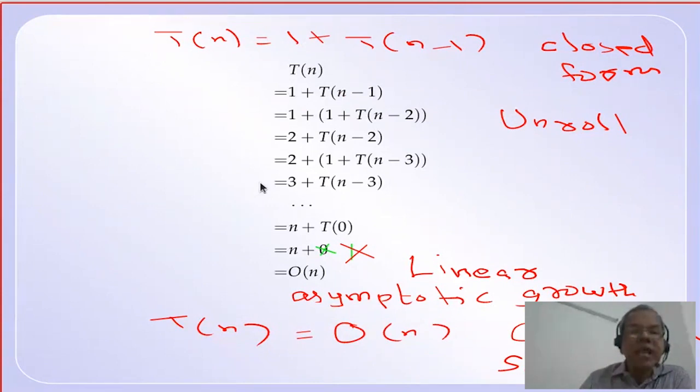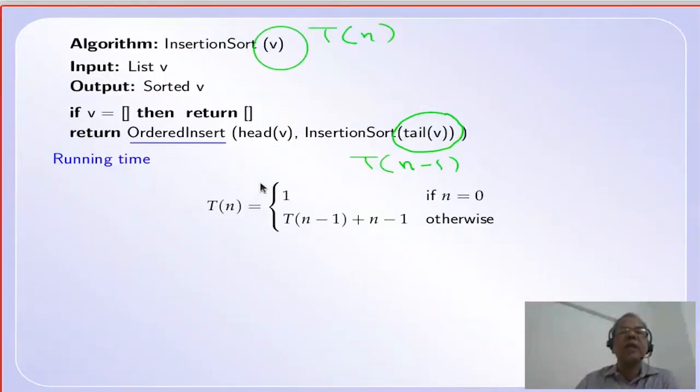If the input size is n for ordered insert, the running time is big O of n. Here, what is the input size to ordered insert? n minus 1. If I consider the result of insertion sort of the tail of V, the input size is n minus 1, so for insertion sort the output size will also be n minus 1.